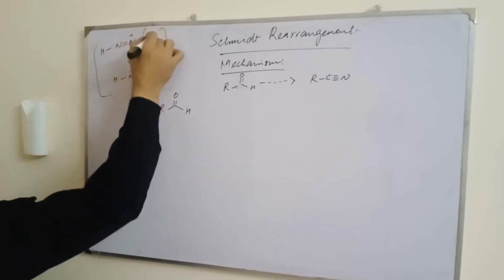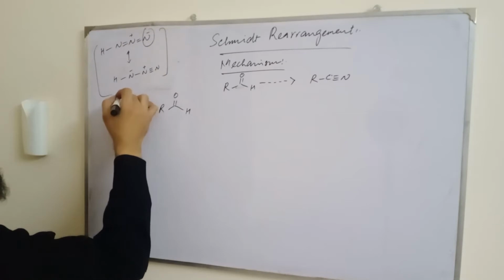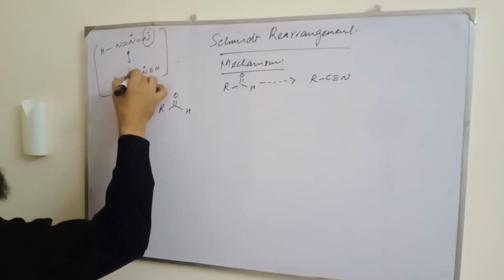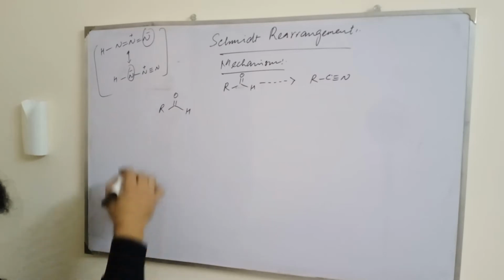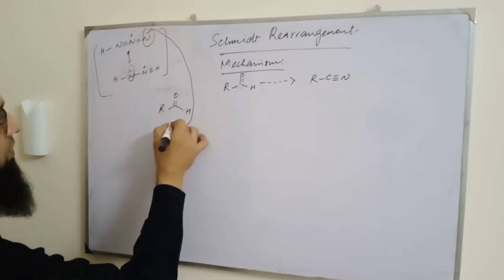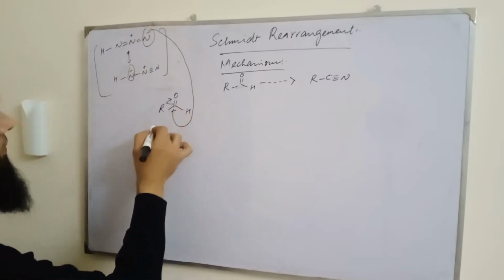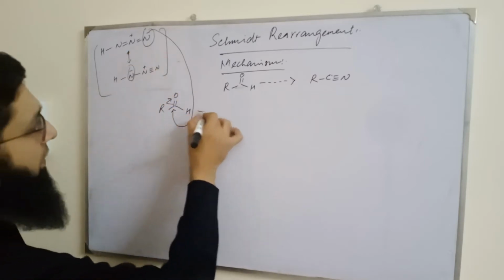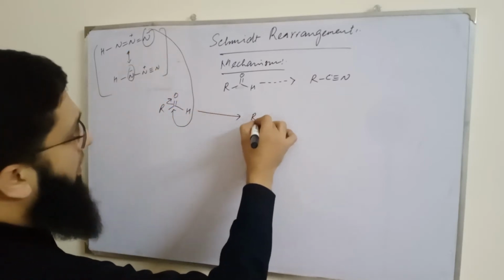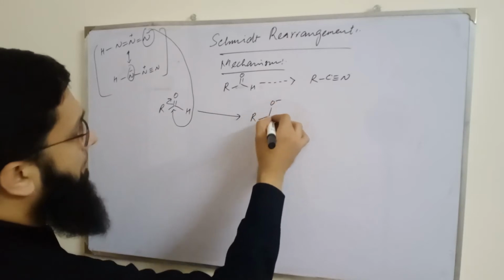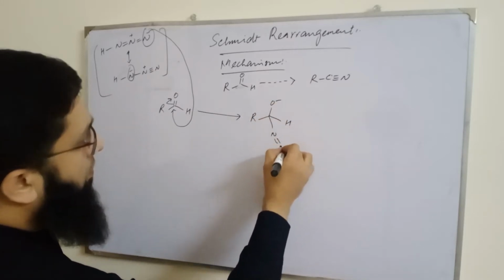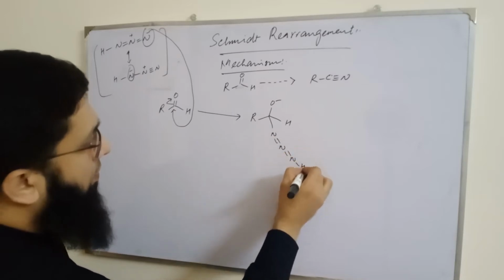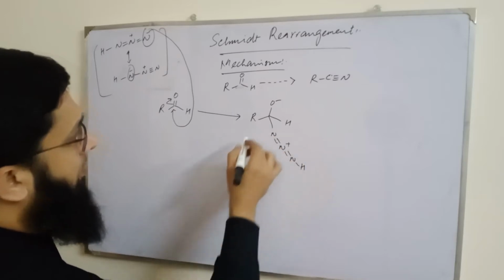So both the nitrogens can attack on this electrophilic center of aldehyde. So in this case we get it attacked by here from nitrogen, and as a result we get this one.